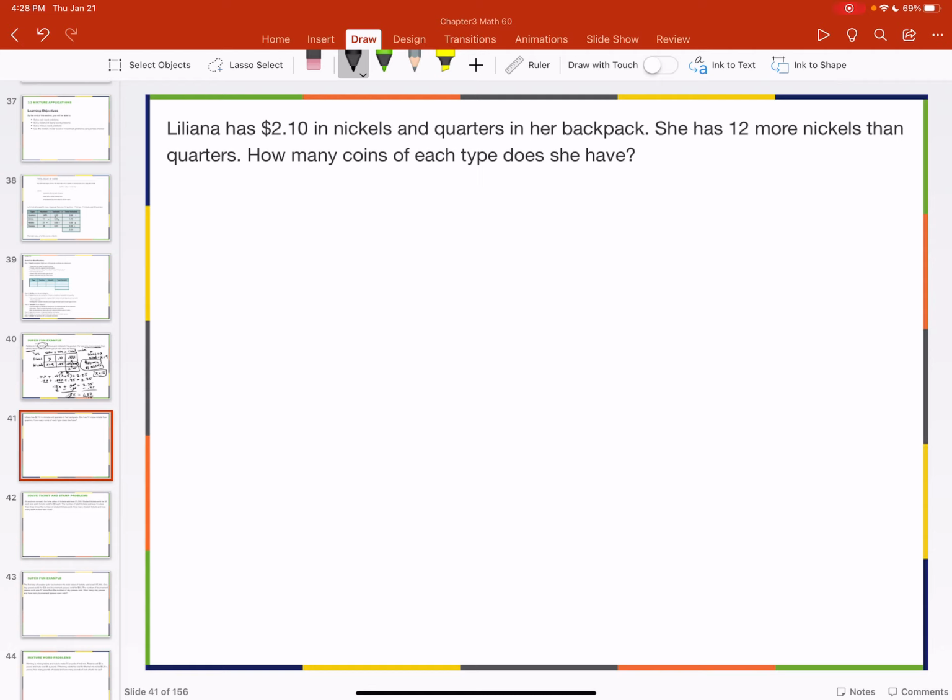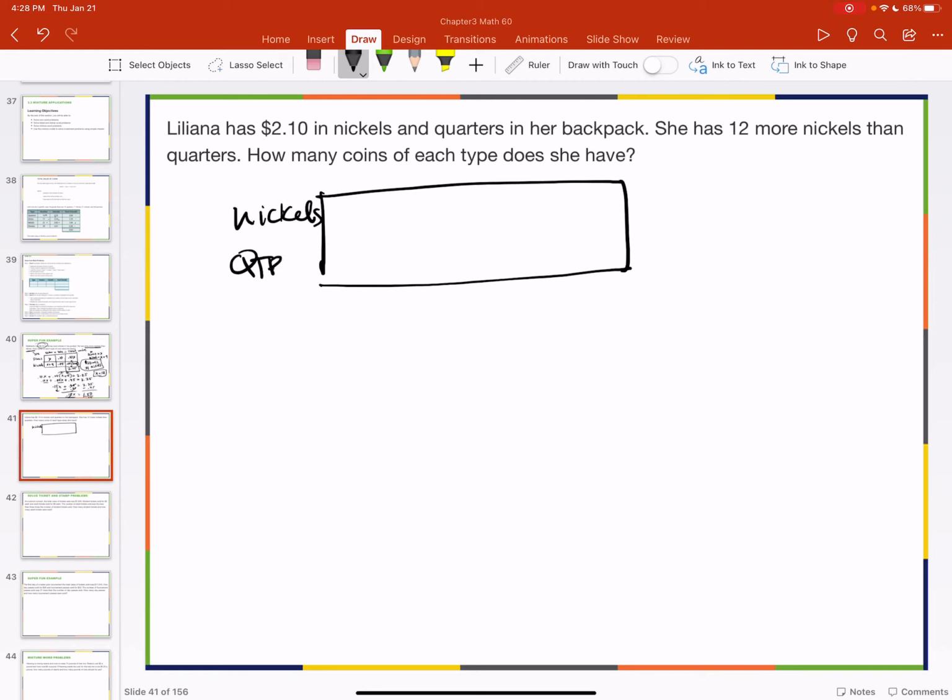Liliana has $2.10 in nickels and quarters in her backpack. She has 12 more nickels than quarters. How many coins of each type does she have? Again, we have the type: nickels and quarters. Then we have the quantity times the value of each, which equals the total value.